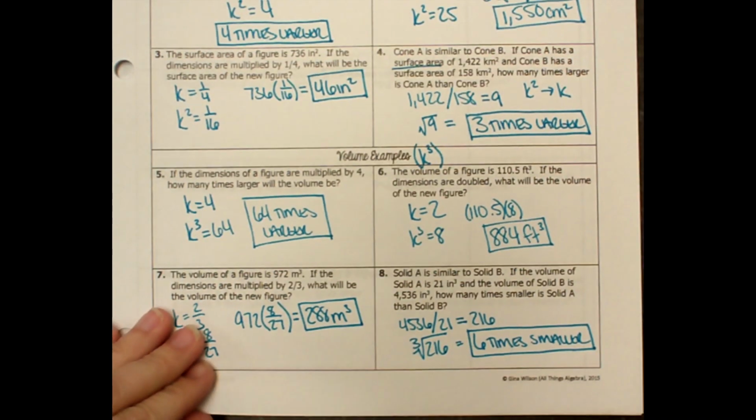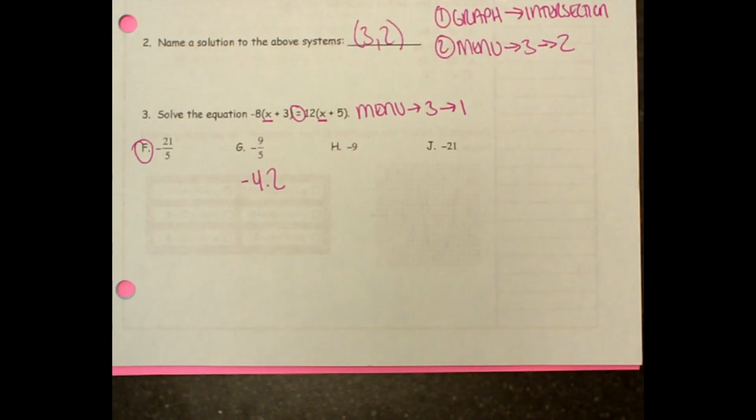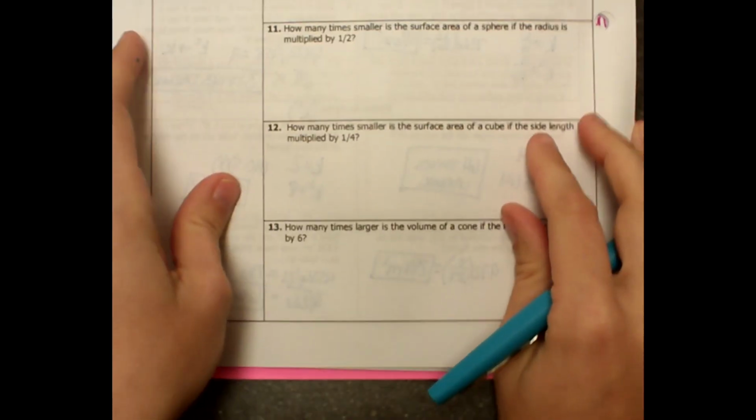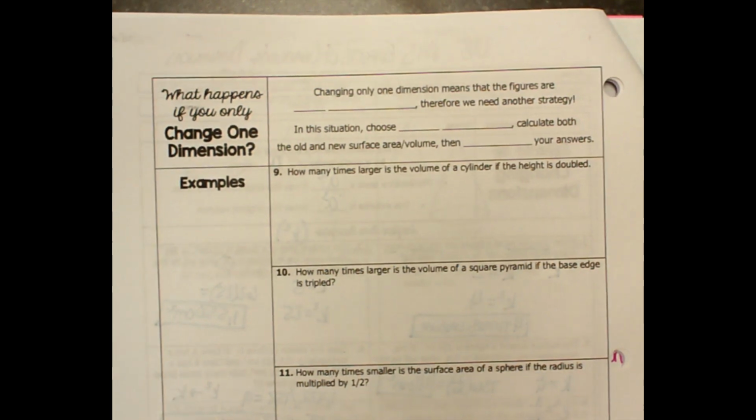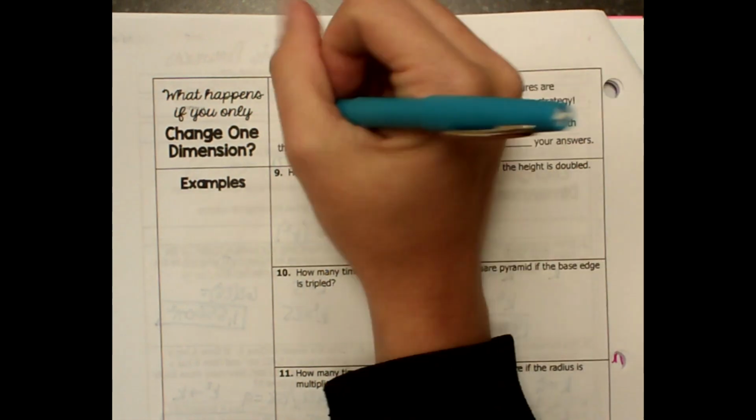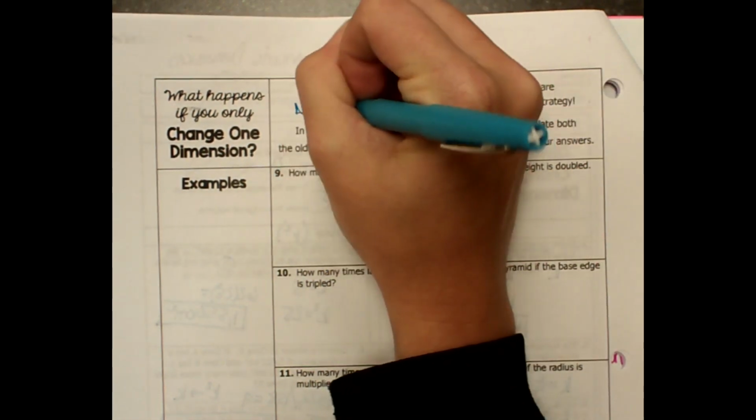So if we turn to the back, before we've been talking about changing all the dimensions, but now let's look at what happens if you only change one dimension. Changing only one dimension means that the figures are no longer similar.